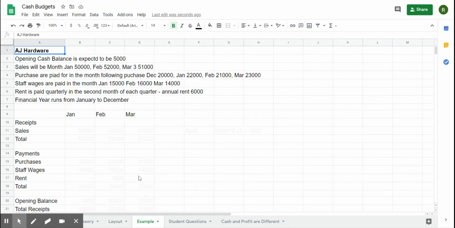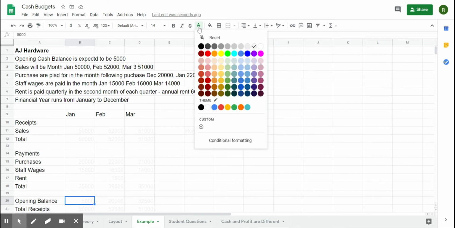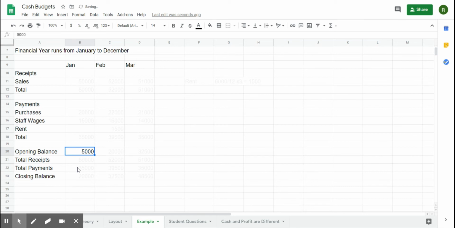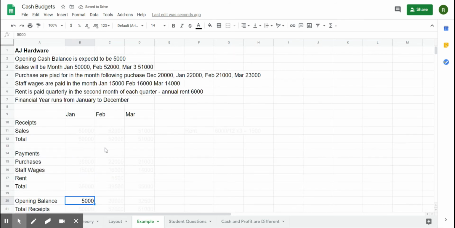Okay, so quick example of a question. AJ Hardware, they expect to have an opening cash balance of 5,000. That obviously goes in as the opening balance down here on the summary of the cash position during the month. We've then got the sales, and we're going to assume in this case that all the sales are in the month, the cash is received in the month of sale.